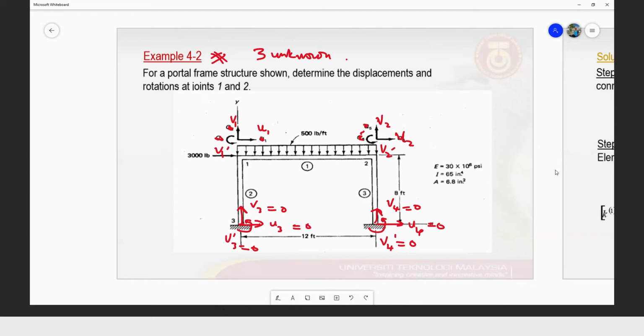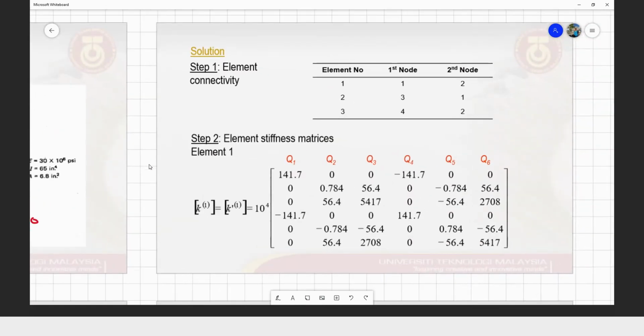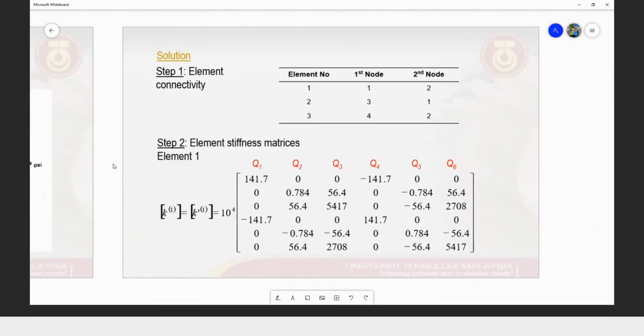All right, now what is the first step that we need to prepare? The first step is to prepare the K matrix in the local coordinate system for element number 1.